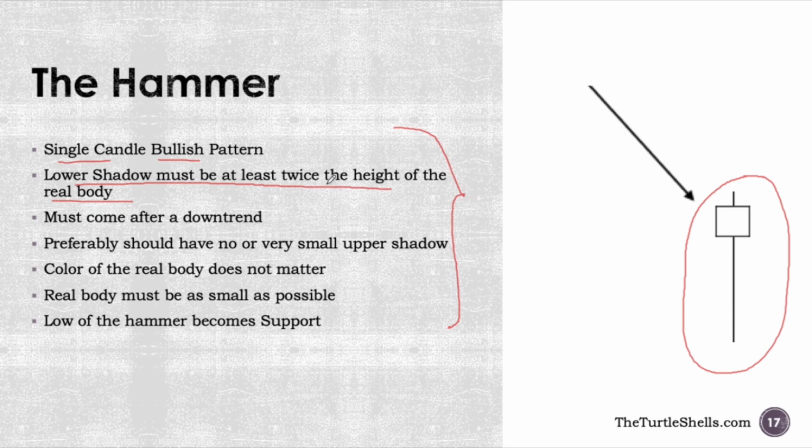So the lower shadow must be at least twice the height of the real body. The lower shadow is the distance between the open and the low. This is the lower shadow, this distance, let's call it A, and this distance, the height of the real body, that's the real body, that's the upper shadow, that's the lower shadow, let's call this B. What this point is saying is that A should be at least twice of B. If it is more than twice of B, it is even better.